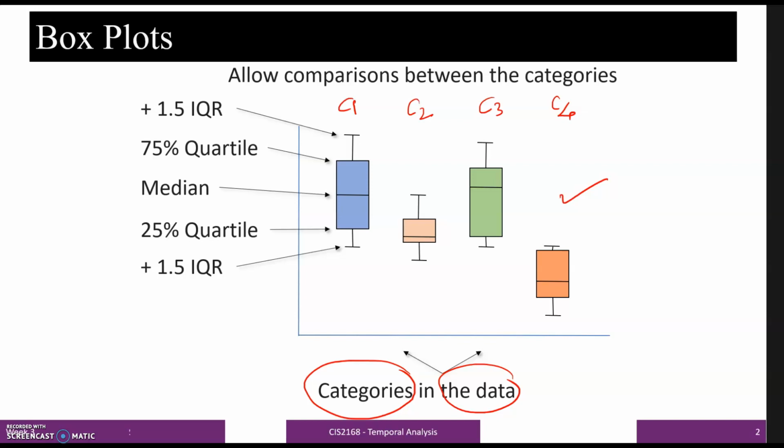Some people refer to box plot as whisker plot. So it is also called whisker plot. And why do we use it?